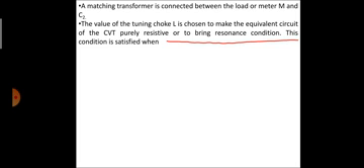Now for the resonance condition, we know that omega into (L plus LT) should be equal to 1 divided by omega into (C plus C1).